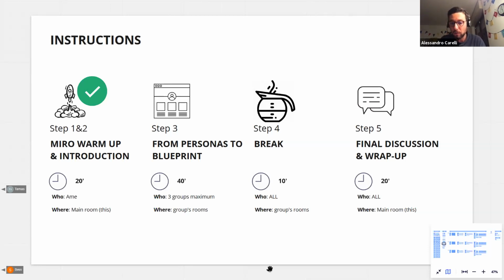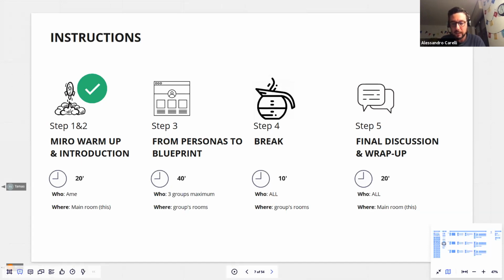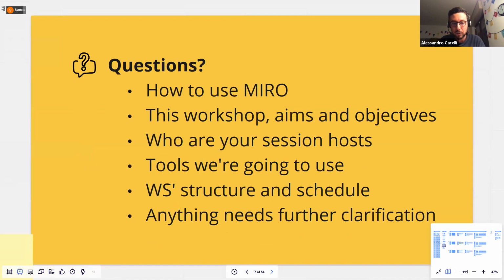So this is the overview and instructions for the workshop. If you move to the next slide, I'm just asking whether you have any initial questions you want to raise before we jump into giving you the instructions for forming groups and then starting the workshop activity. Do you have any questions about how to use Miro?